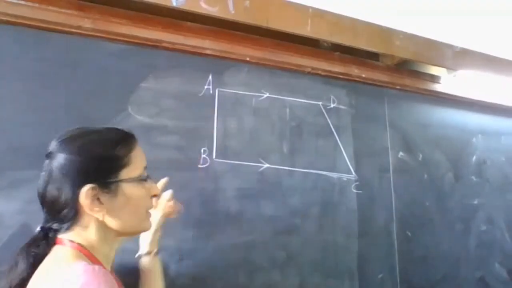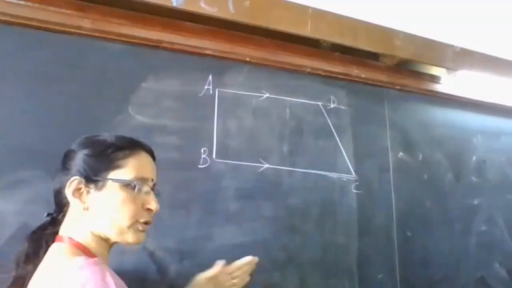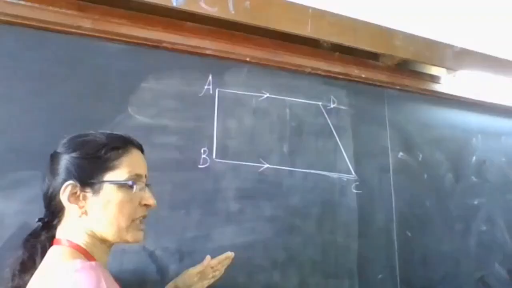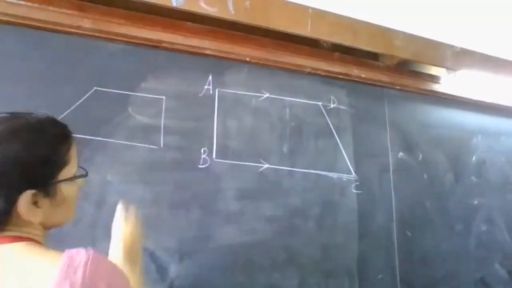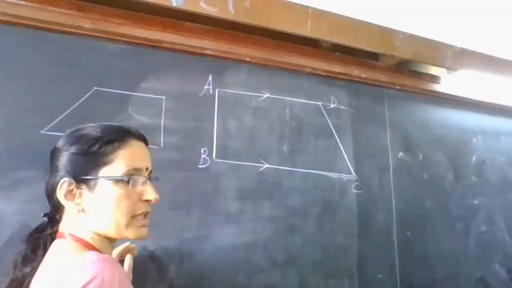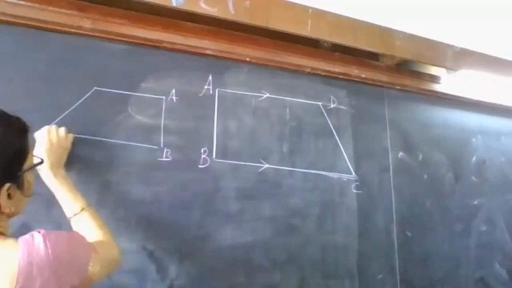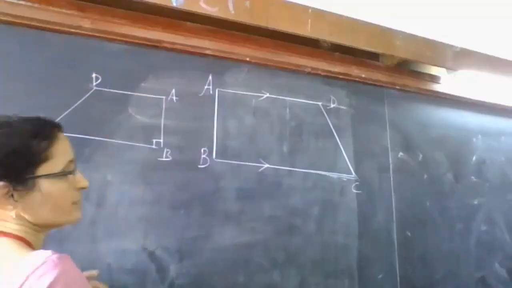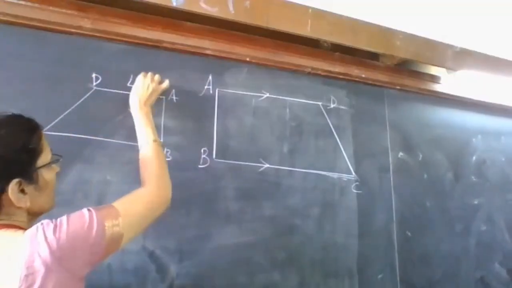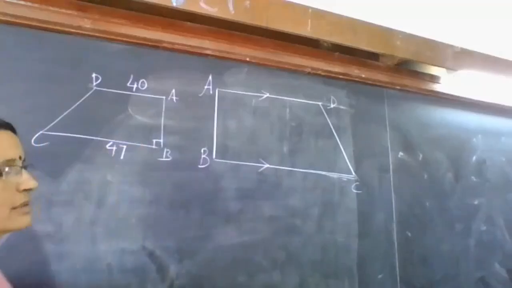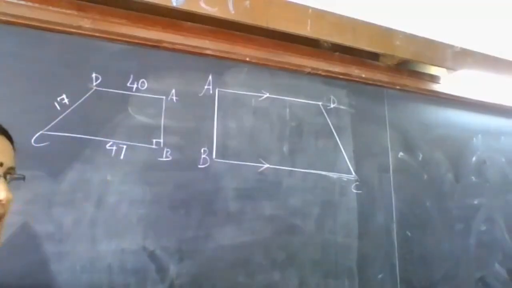Whenever you name, mark AB as perpendicular. And whenever perpendicular, you know that it comes in the L shape. If you draw that, this is another way of drawing the same trapezium. If the picture is not given, you can draw like this. This is perpendicular. And this is given 40, this is given 48, this is 17, 8.